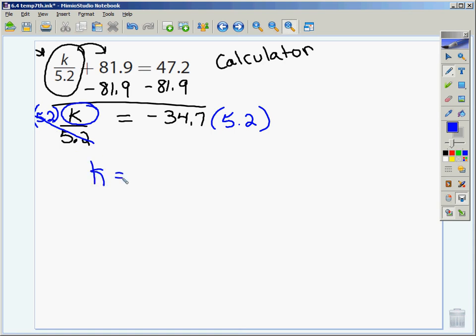And I take my negative 34.7, which, by the way, is still in my calculator, and multiply by 5.2. Negative 180.44.